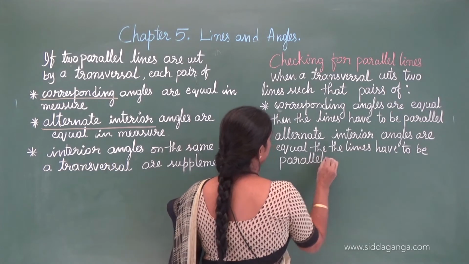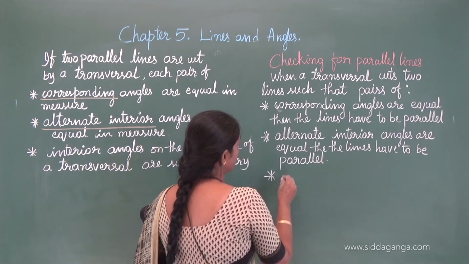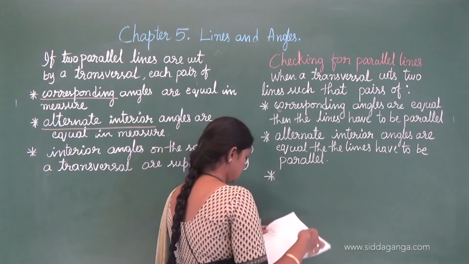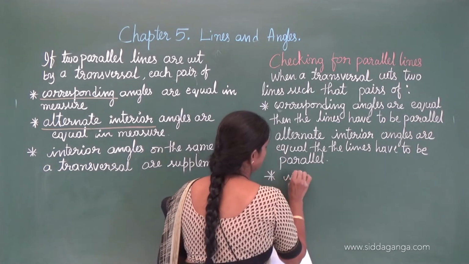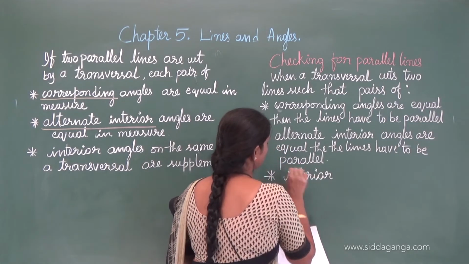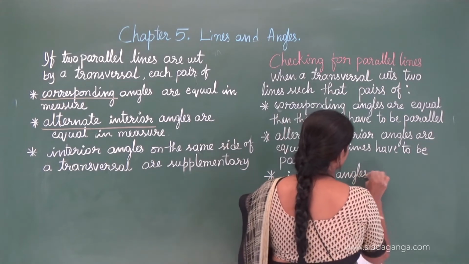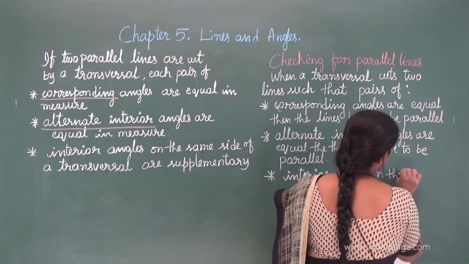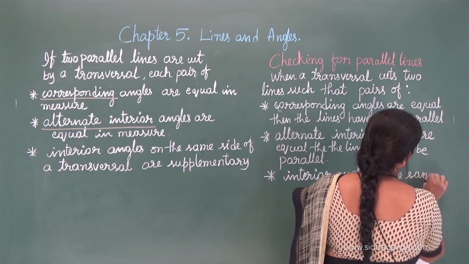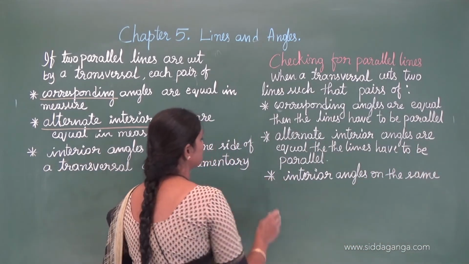And the third one is if the interior angles on the same side of the transversal are supplementary, then the lines have to be parallel.